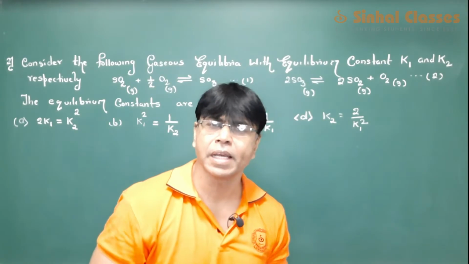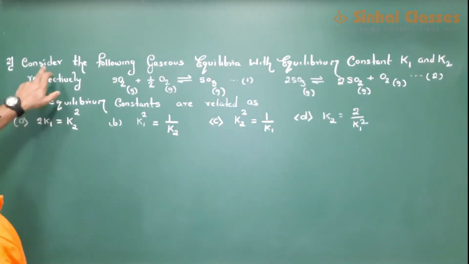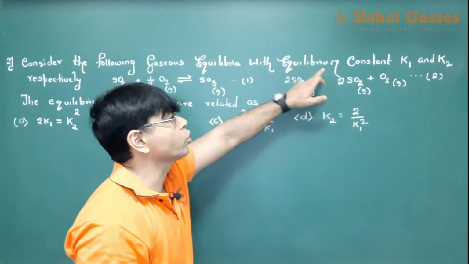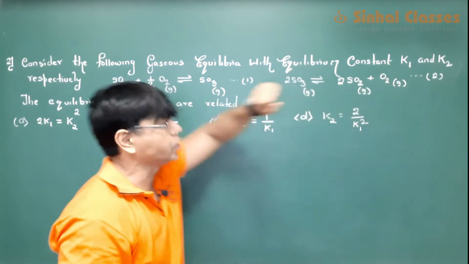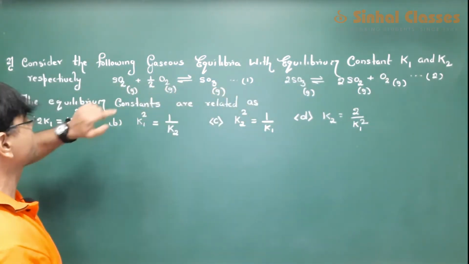Okay student, let's see question number 2. A very interesting question. Consider the following gaseous equilibria with equilibrium constants K1 and K2 respectively for these two equations.